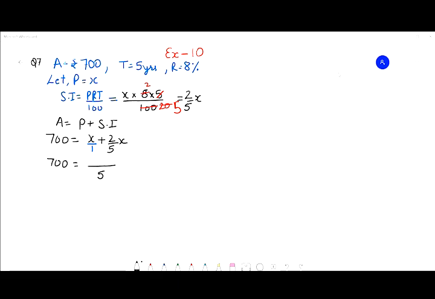Now cross multiply: 5 times x, 5x, plus 1 times 2x.